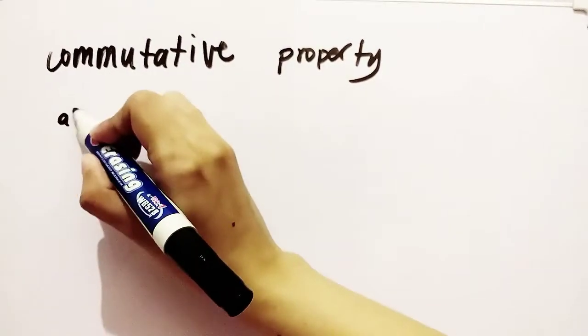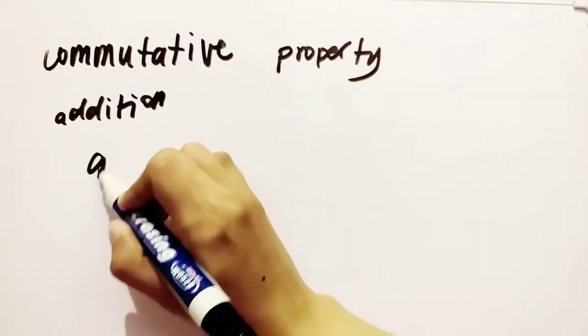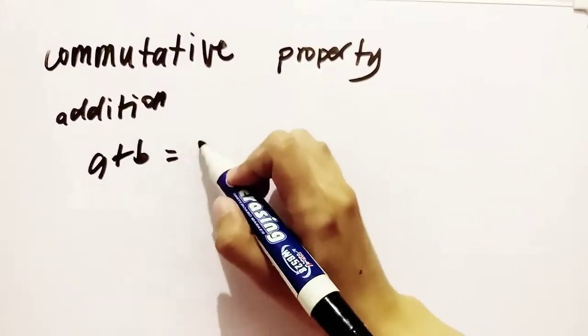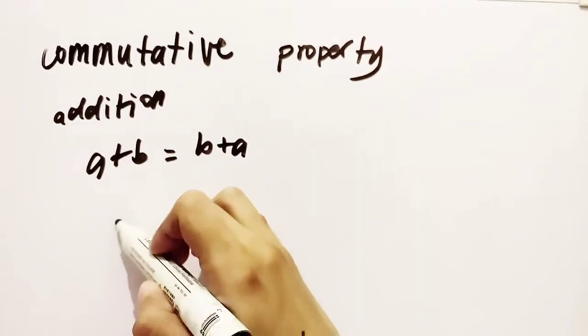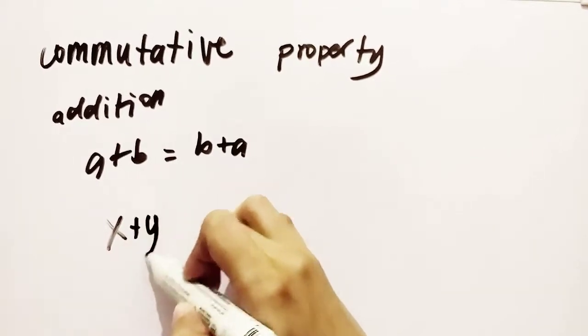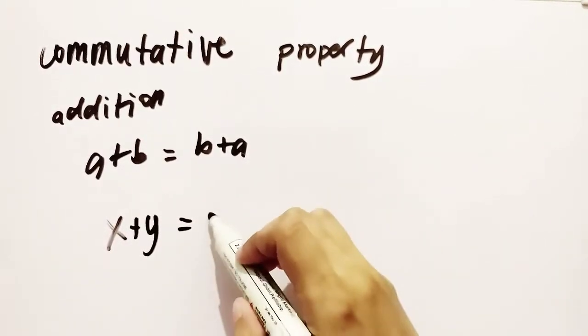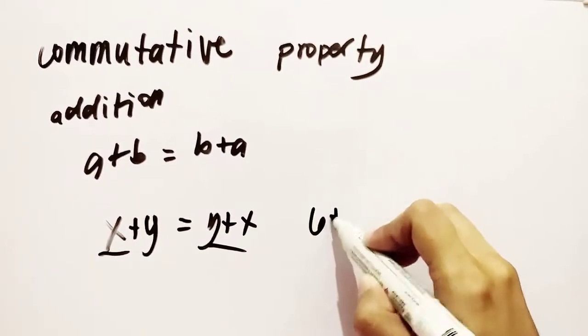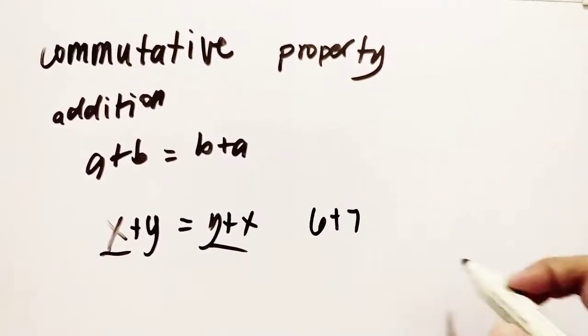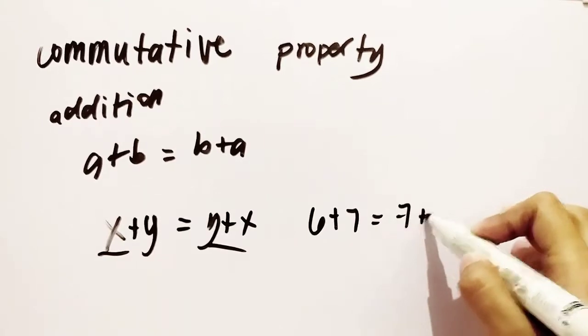The next one is commutative. In addition, we have this form. In this particular form, we can have an example of x plus y is equal to y plus x. So they're just the same. Another is 6 plus 7 is also equal to 7 plus 6.